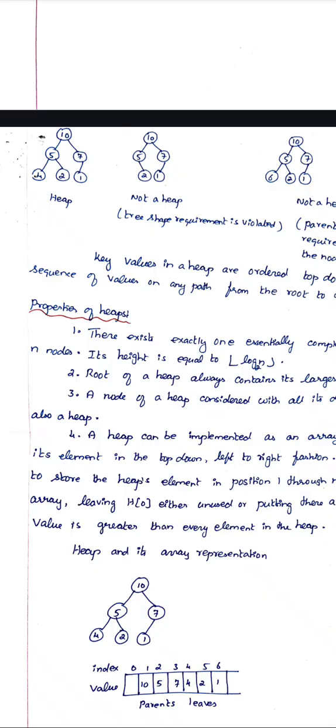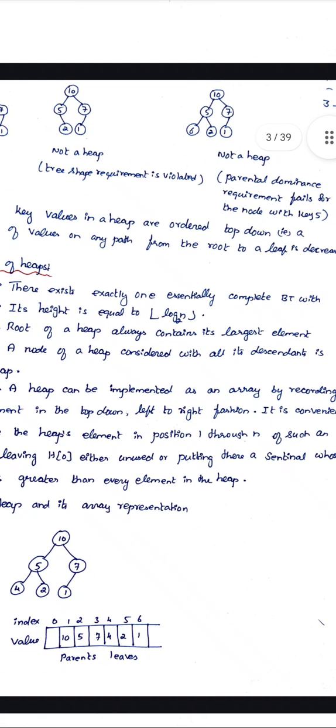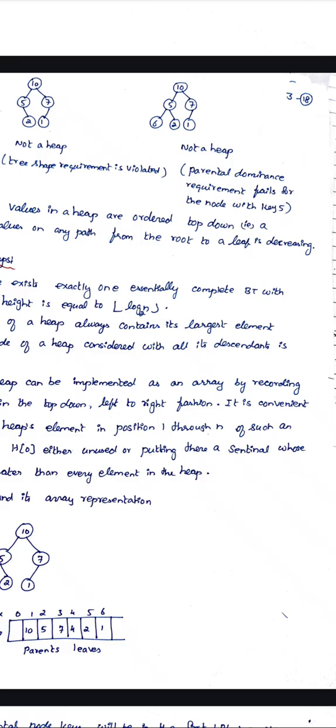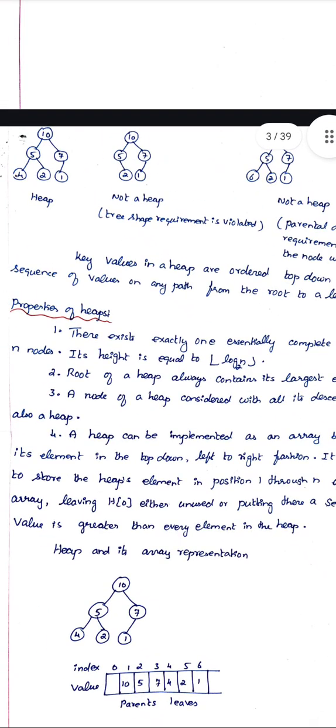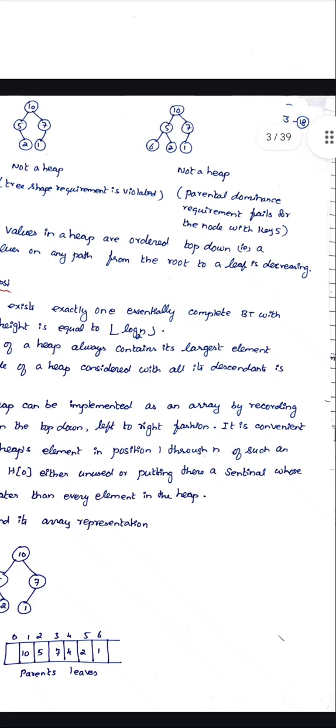In this tree, the shape requirement is violated, and in this one the parental dominance requirement fails for the node with this key. Here there is parental dominance. A parent should dominate its children, but 5 has a child 6, which is greater.